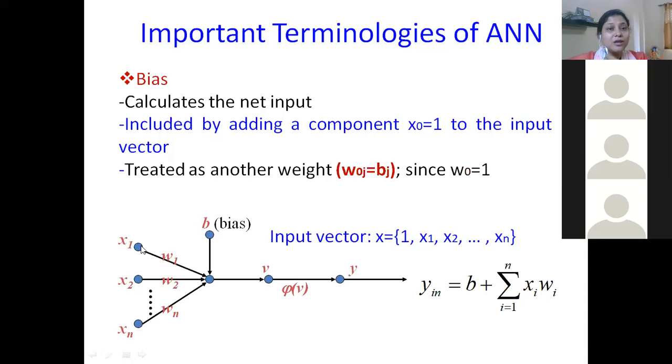But here we get an input vector whose first entry is 1, which is for w0, followed by x1, x2, and obviously it goes on up to xn.